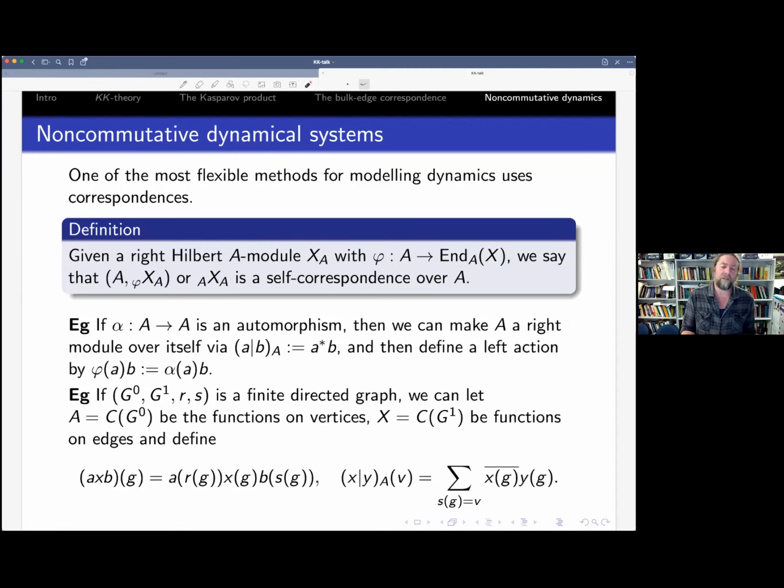So that's a self-correspondence. So here's two of these things which are worth looking at. If you've got an automorphism of your algebra, you can define this really boring inner product. So you can turn A into a module over itself, and then define the left action by using the automorphism.